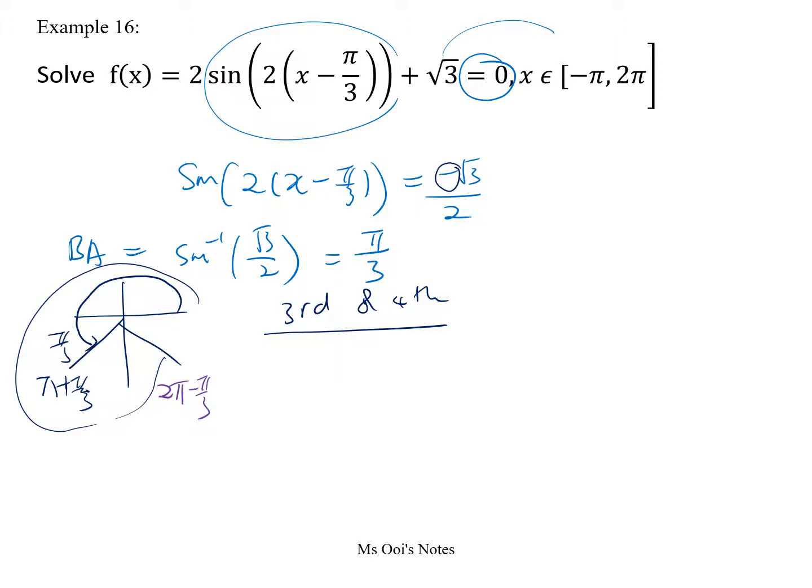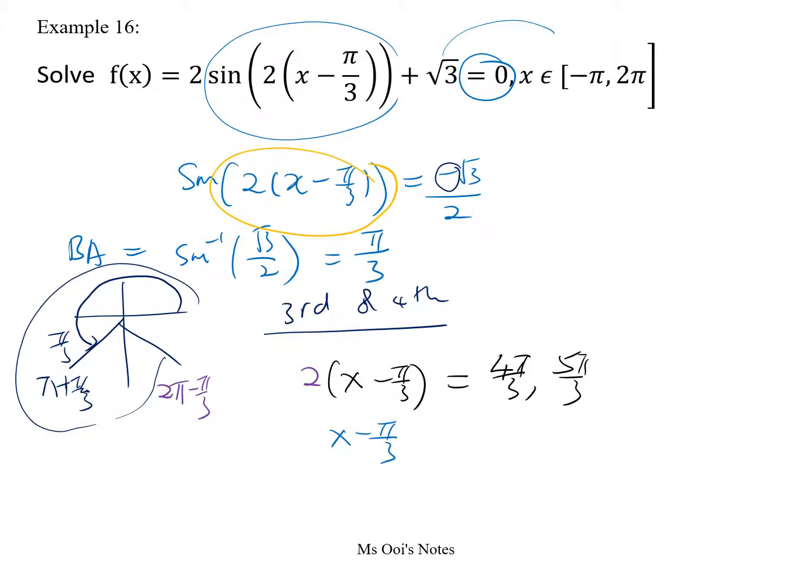All right, so therefore this angle, which is 2x minus pi on 3, is equal to 4 pi on 3 and 5 pi on 3, third and fourth quadrant. Now what we're interested in is finding x.